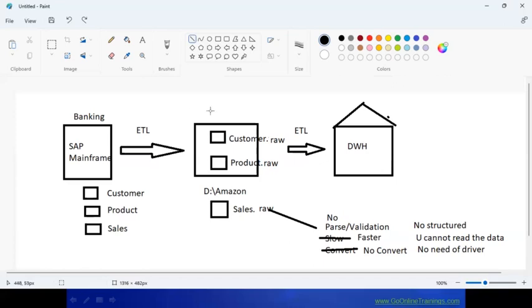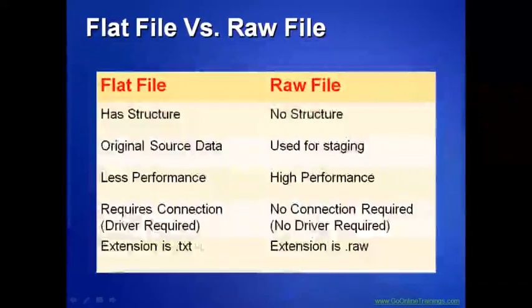If you want some staging in between, instead of dumping the data into an Excel file, flat file, or raw file, which one is better? The raw file. If a raw file is not available, then go with the flat file. Excel is very, very dangerous. Don't use any Excel file as your temporary stage in migration. Clear? That's the point.